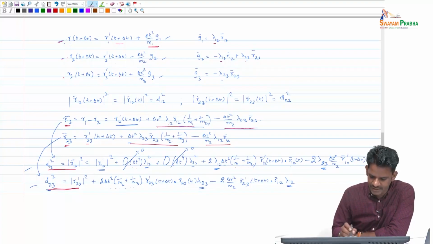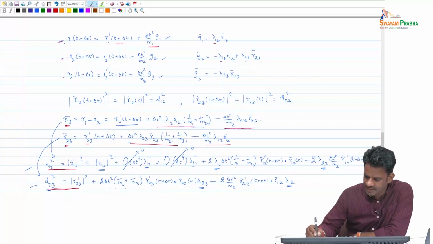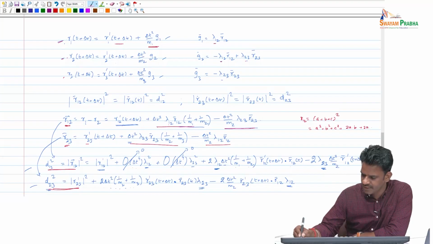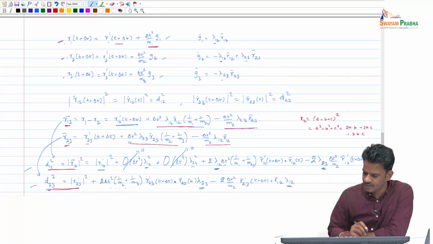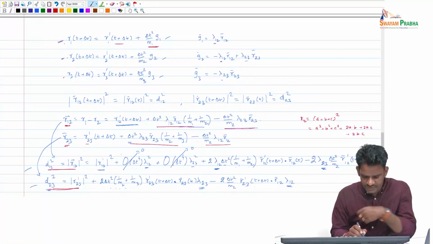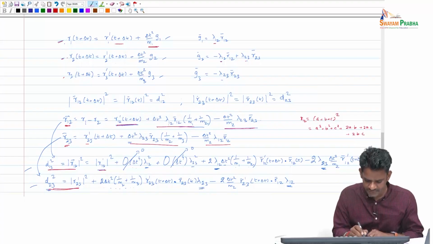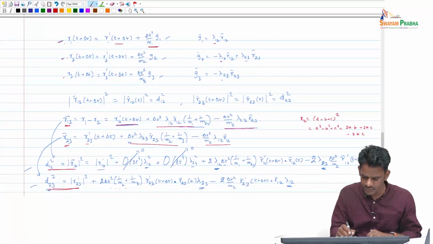So, you have something like R12 in terms of some three components, and you can write this as a square plus b square plus c square plus 2 a dot b plus 2 a dot c plus 2 b dot c. If you see this particular R12, the square of the first term is given here, and then we are going to square this term.